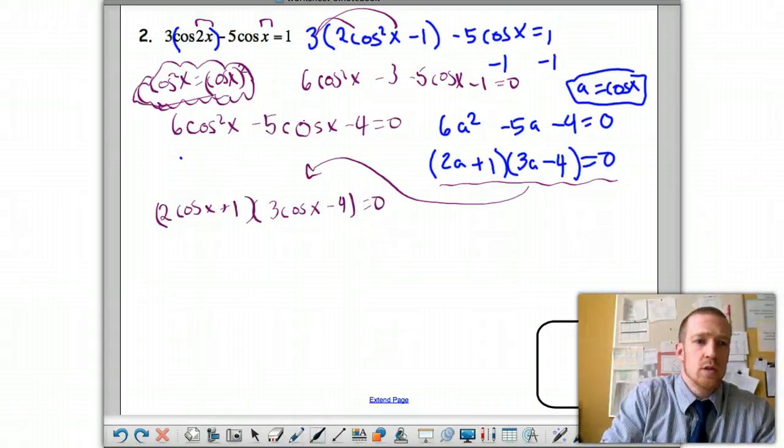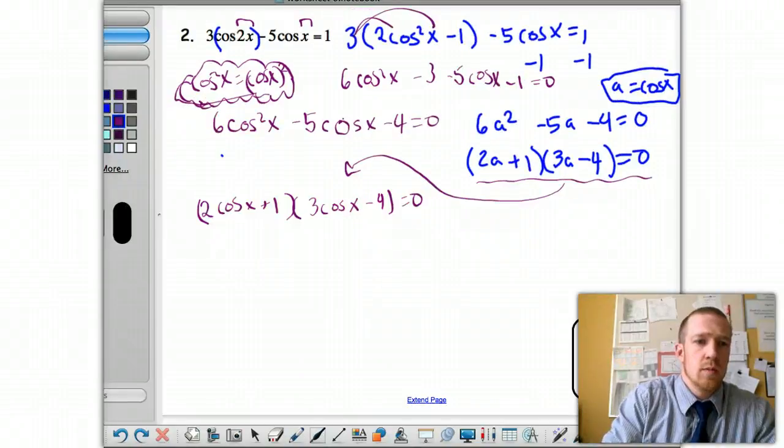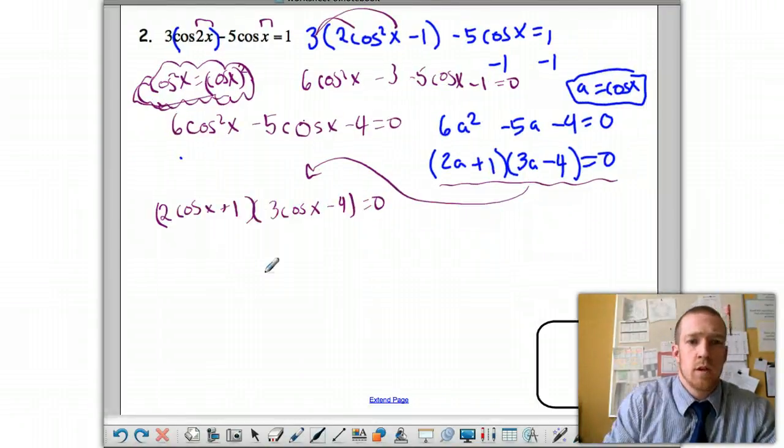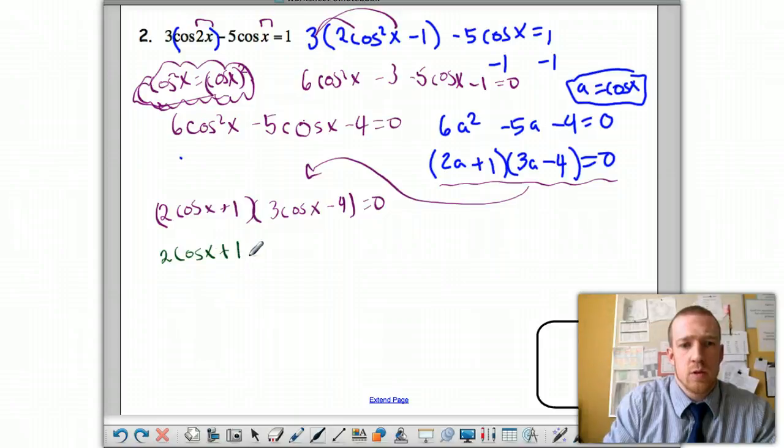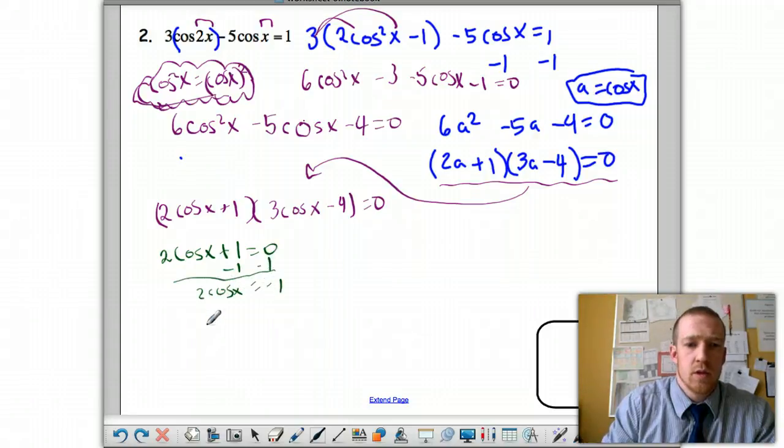So I'm going to solve these one at a time. 2 cosine x plus 1 equals 0. I'll subtract 1 and divide by 2, it gives me cosine x equals negative 1/2.